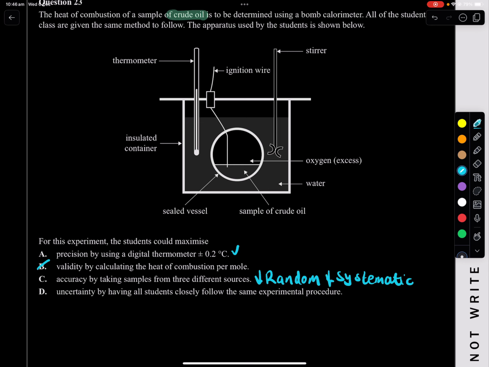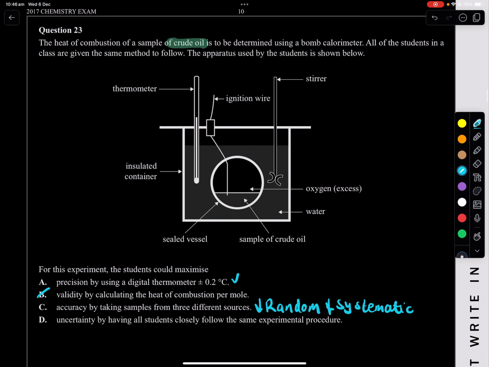So if we are taking samples from 3 different sources, remember, different sources have different amounts of fuels. For example, one could have high petrol, one could have diesel, and remember, it is crude oil. If maybe the question said taking from the same source, then it makes sense.